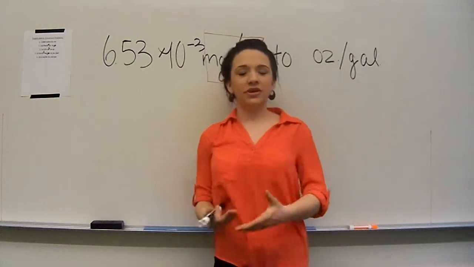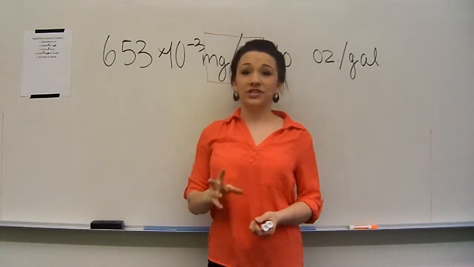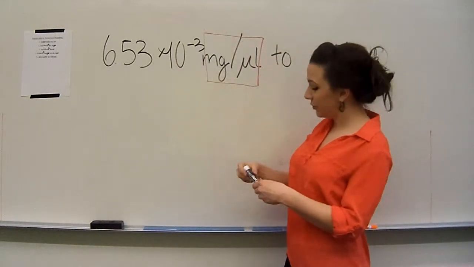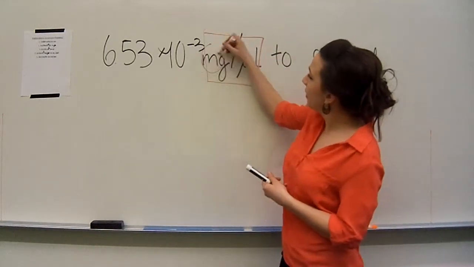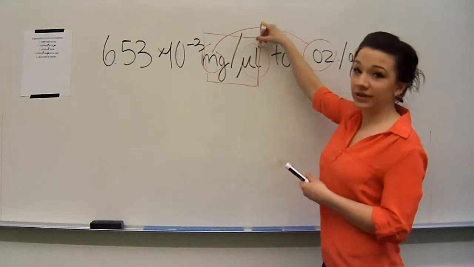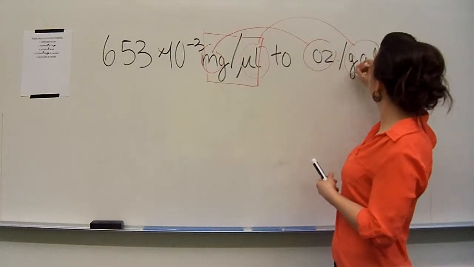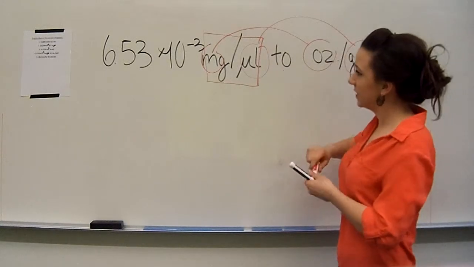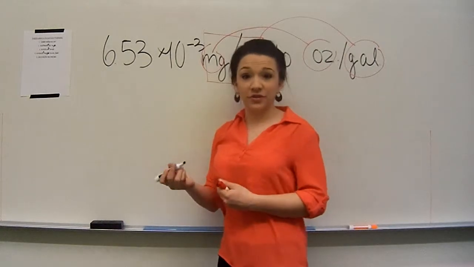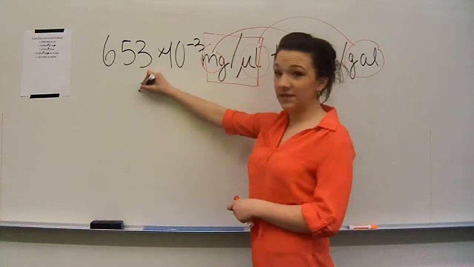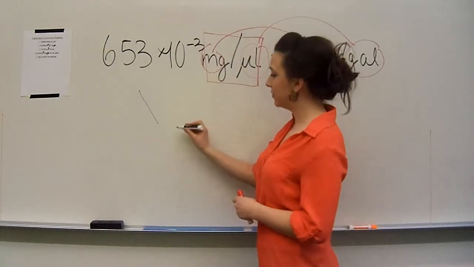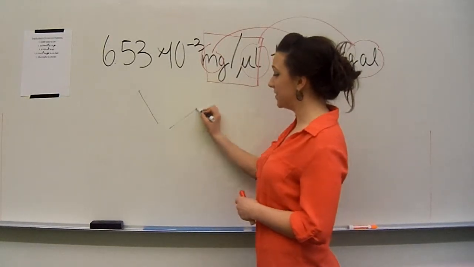When you have these problems, you're going to break them into two parts. For this problem, you will be converting milligrams to ounces and microliters to gallons. You also will, the diagonal in the first three problems went from the top to the bottom, but in this case, in the second step, you will go from the bottom to the top.